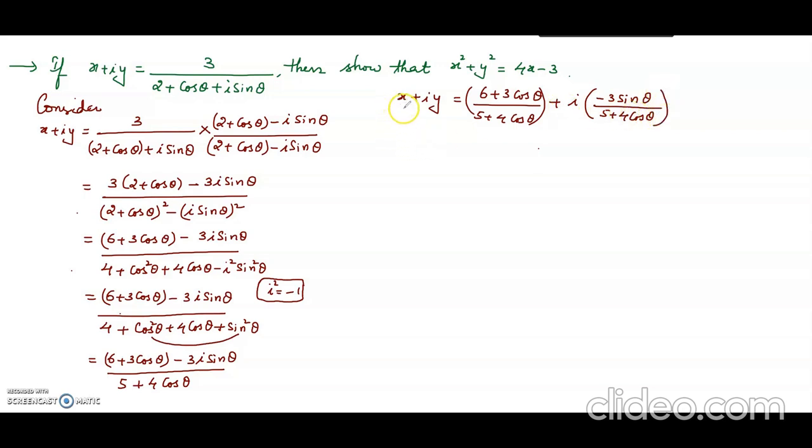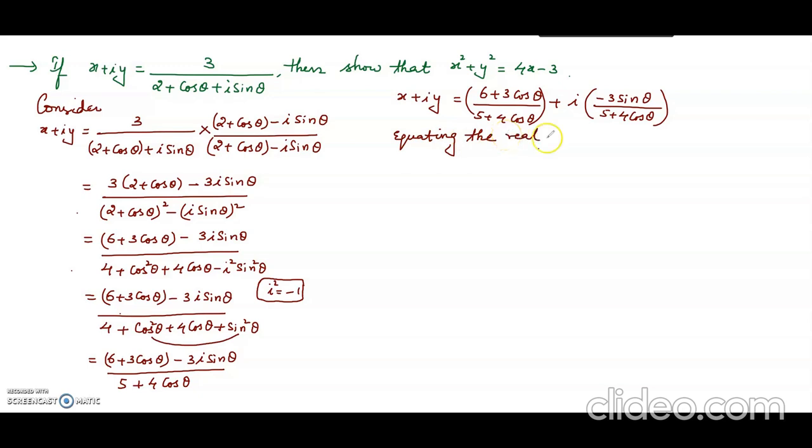So as in the left hand side, the right hand side is also separated, first term by denominator, second term by denominator. Only thing is, instead of writing minus i, we wrote plus i and minus 3 sin theta inside the brackets. Now we need to equate the real and imaginary parts on both sides.